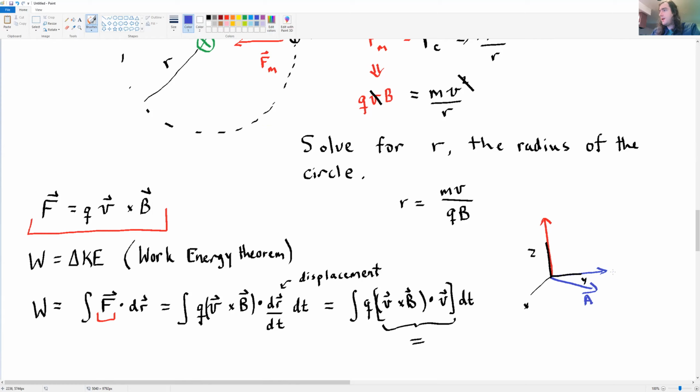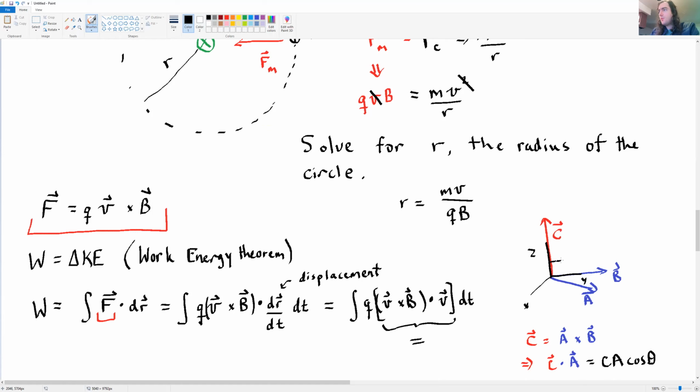So maybe A, B, and C. If the vector C is equal to A cross B, then that implies that the dot product C dotted with A, for any dot product, is equal to the magnitude of the two vectors times the cosine of the angle between those two vectors.